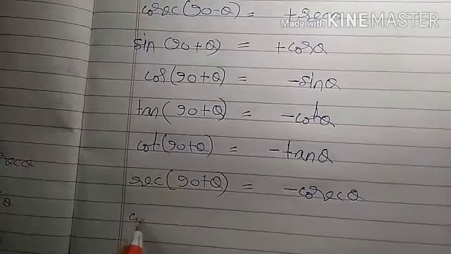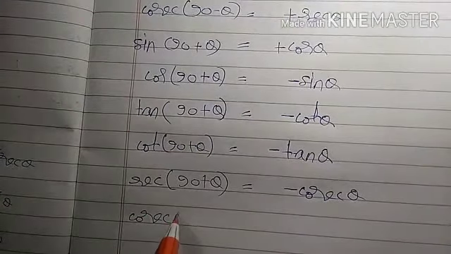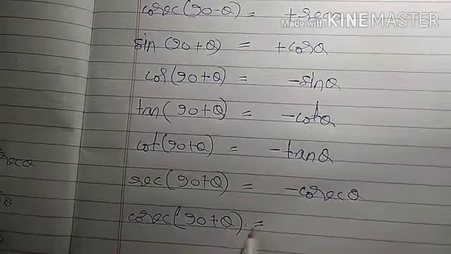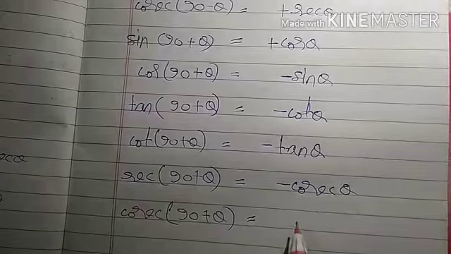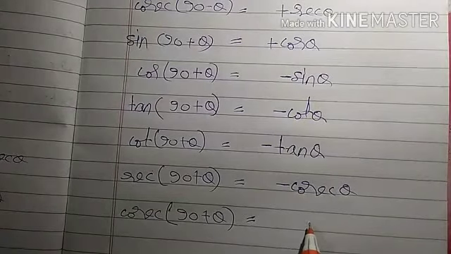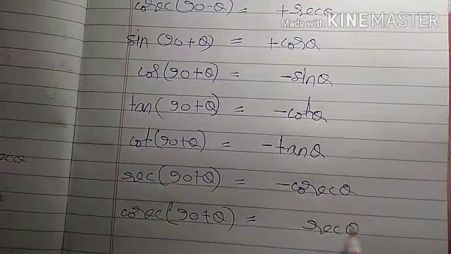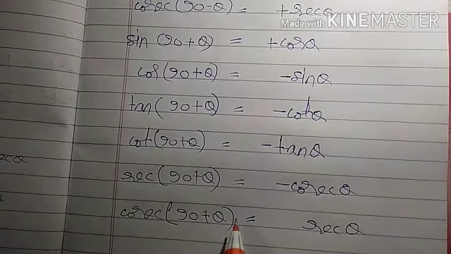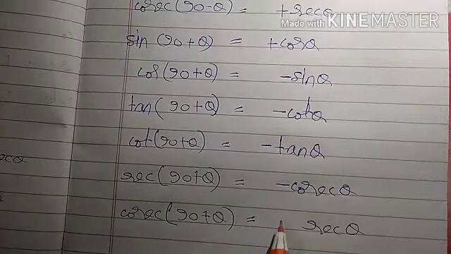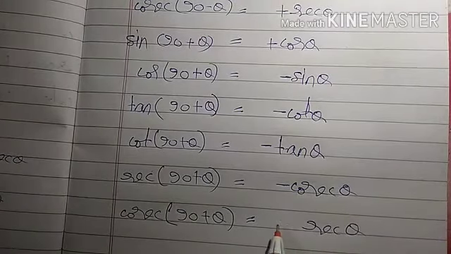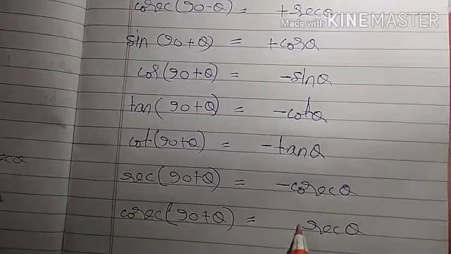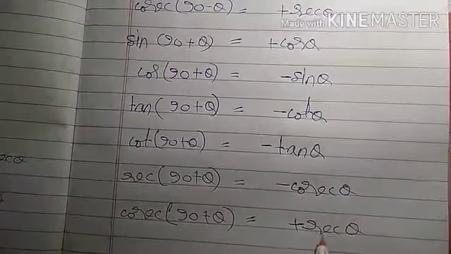Next, cosec(90 plus theta): the function changes, so cosec theta changes to sec theta, and 90 plus theta is in the second quadrant, where only sin theta and cosec theta are positive and the other functions are negative, so cosec theta is positive, so plus sec theta.